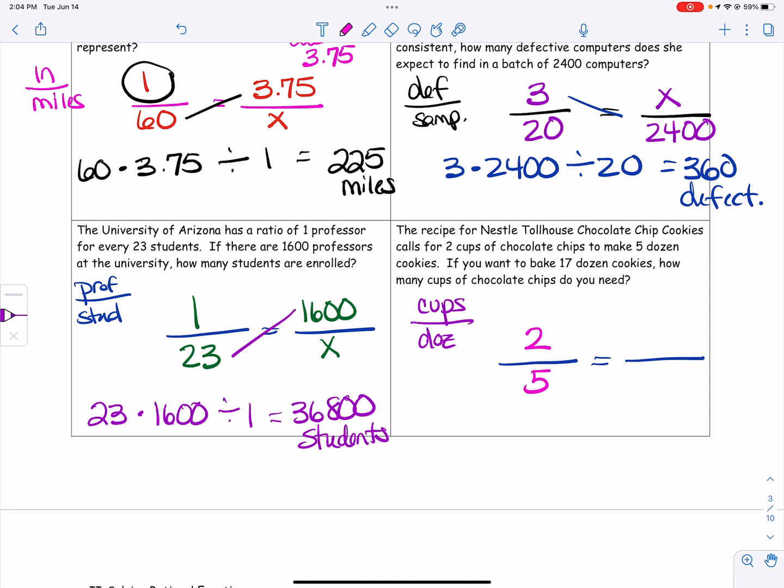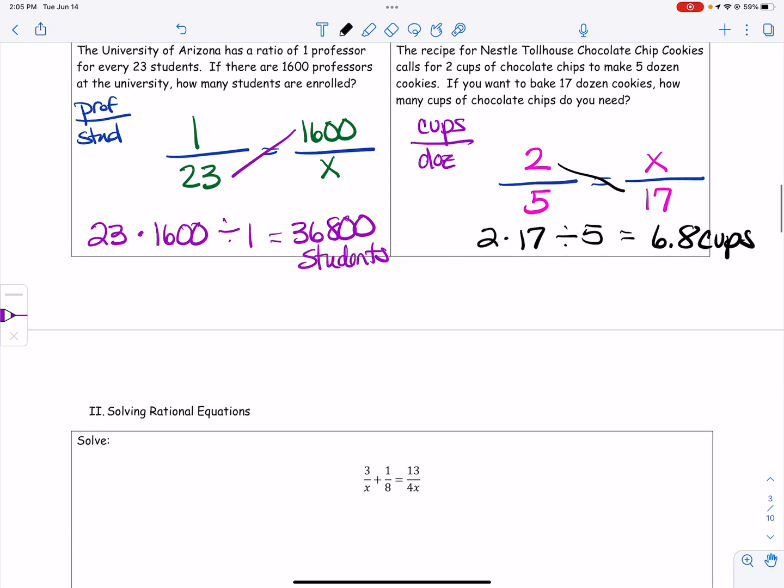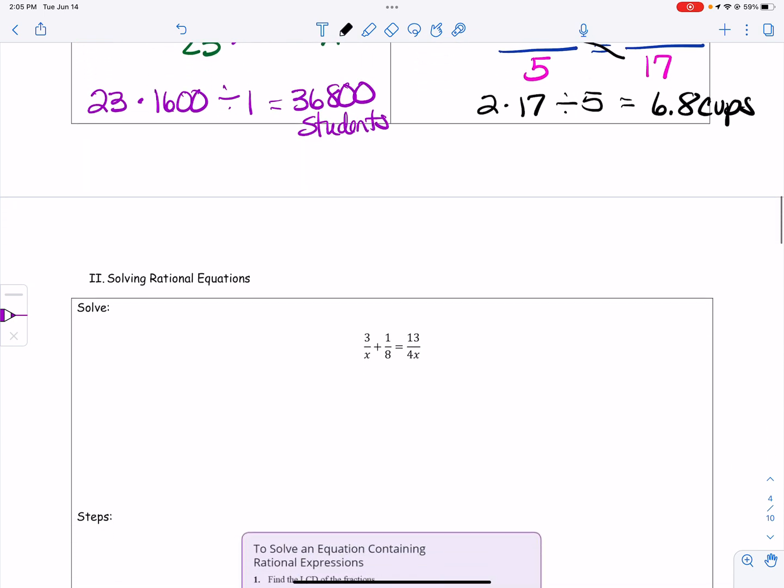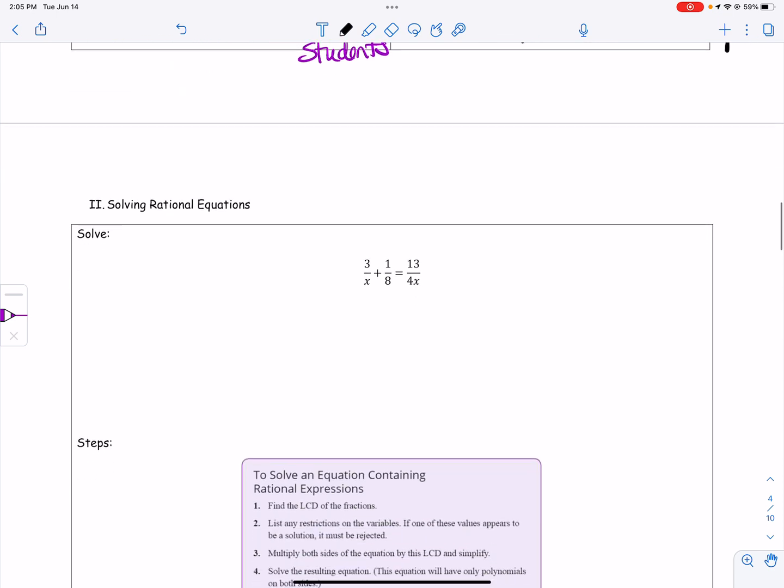We want to bake 17 dozen cookies, and we need to know how many cups of chocolate chips. So 2 times 17 divided by 5. And you can leave this as a decimal if necessary. And it does come out to be 6.8 cups. That's a lot of chocolate chips, okay? So I'm going to stop there, and then we'll pick up on the next solving rational equations.